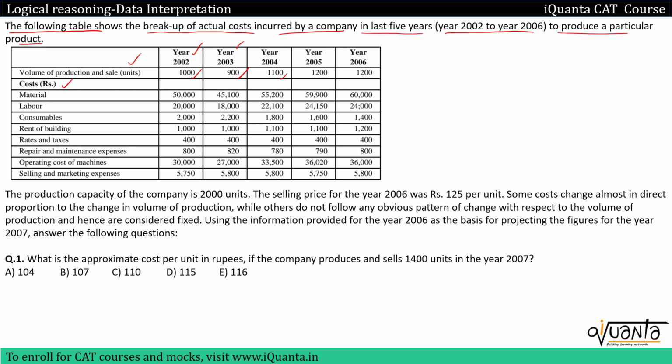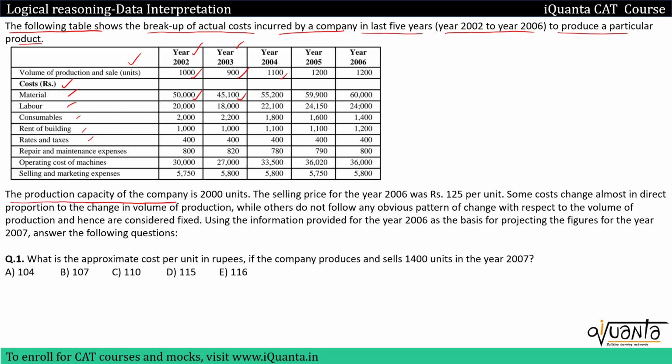We have also been given the cost incurred by the company in these products. Like material, it is spending 50,000 in year 2002, then 45,100 in year 2003, and similarly for all the other products. So we have to read all the data from the table only.